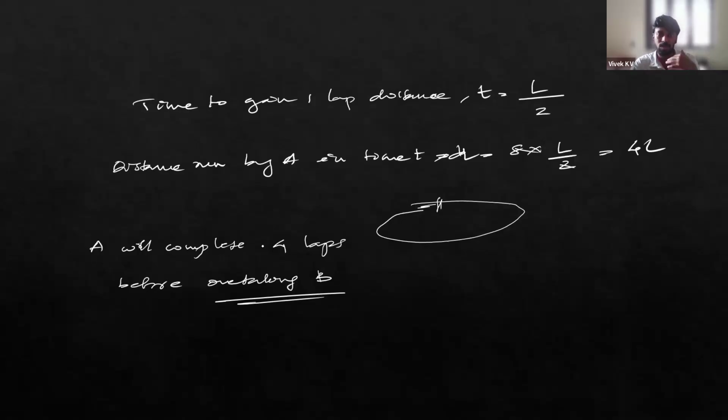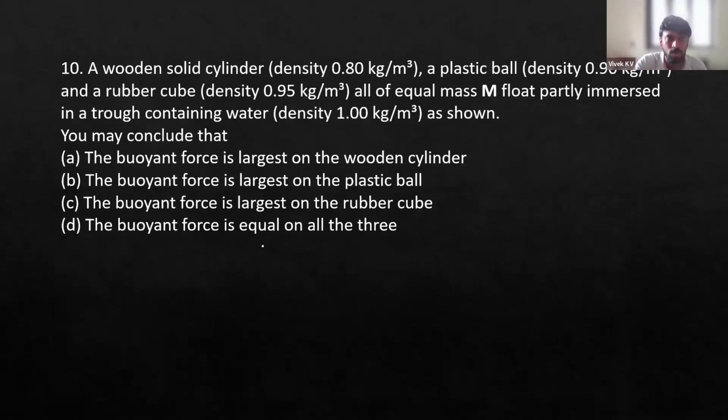The time taken to overtake B is given by the time taken to cover the 1 lap distance, which is the total length of the track for 1 round, divided by the relative velocity V by 2. Okay. Now moving on to the next question.